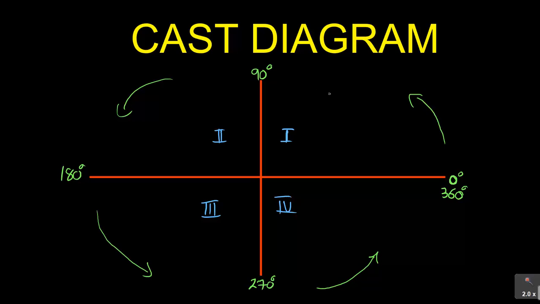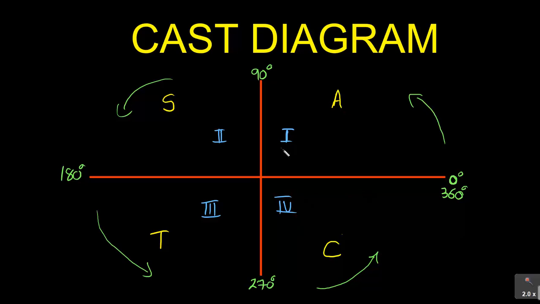So the All starts from here, A means All, S means Students, T means Take, and C means Chemistry. So All Students Take Chemistry. But I think you can see the word CAST, it starts from here, from 1, 2, this is 3, and 4. You can see that the word formed is C-A-S-T. That's why they call it the CAST diagram.